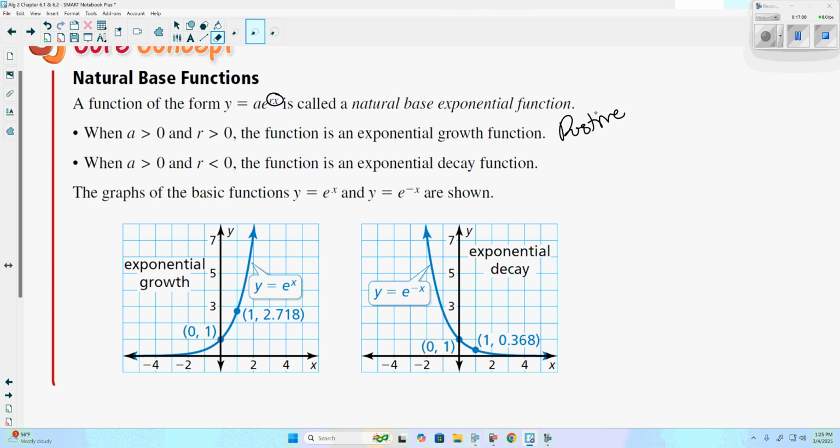Our positive exponent, it's going to be growth. If we have a negative exponent attached to that e, it's going to be decay.